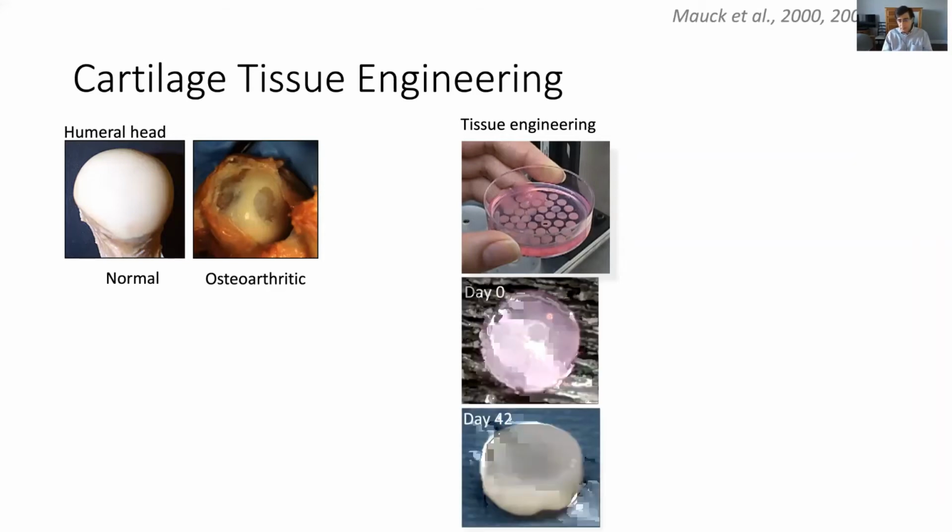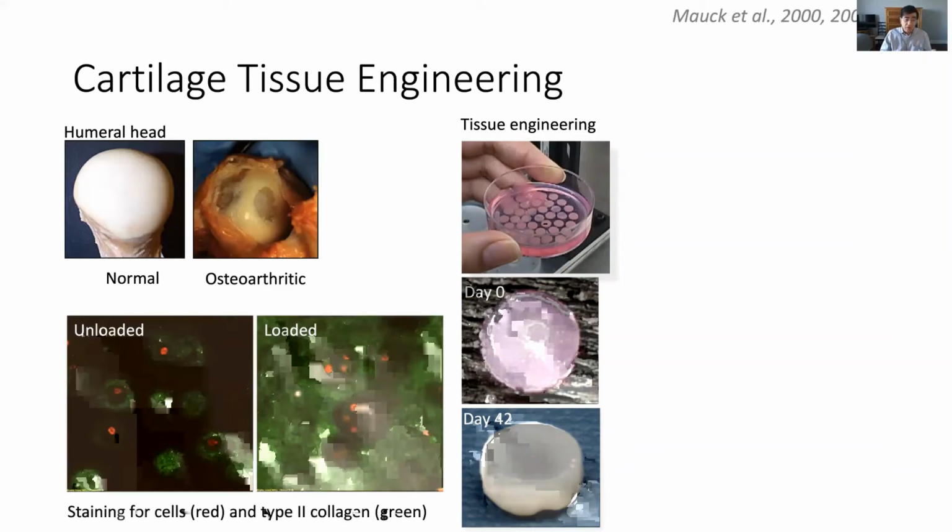What we found is that on day 0, the construct looks like this, and on day 42, the size hasn't changed much, but you clearly can see that something grew inside. So the mass of the construct has changed, but the volume hasn't changed, so it's not a kinematic growth.